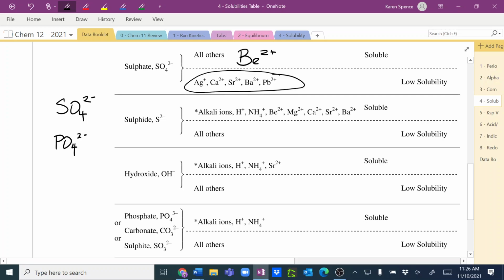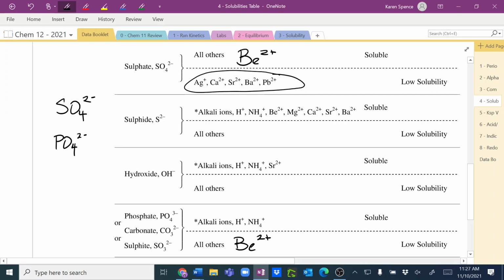So that would be okay with the sulfate to not precipitate. And then beryllium would be down here. Here's a little hint. If you're working with anions and you're wondering which one you can precipitate out without the other one, it's always going to be one near the bottom, because the ones near the bottom are the least soluble. So I'm always going to be precipitating out the phosphate before the sulfate.